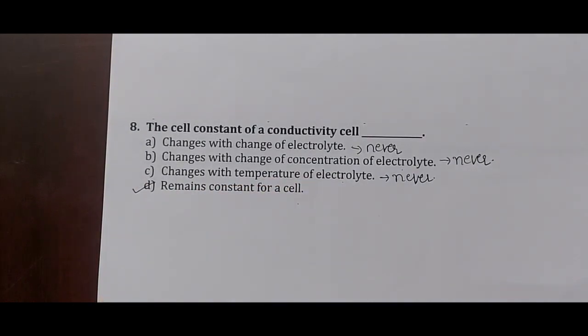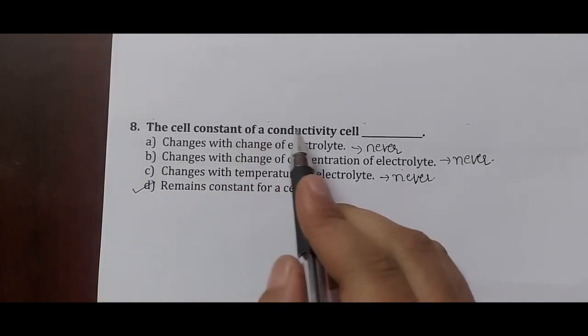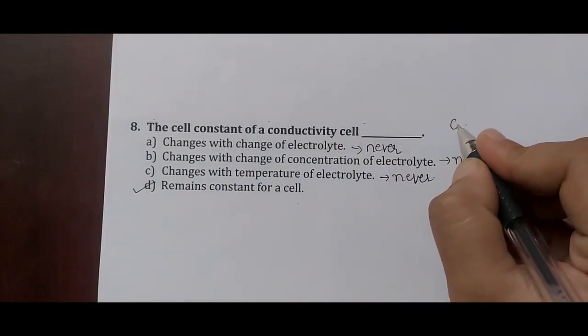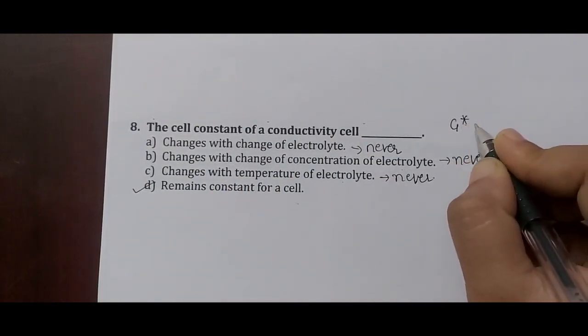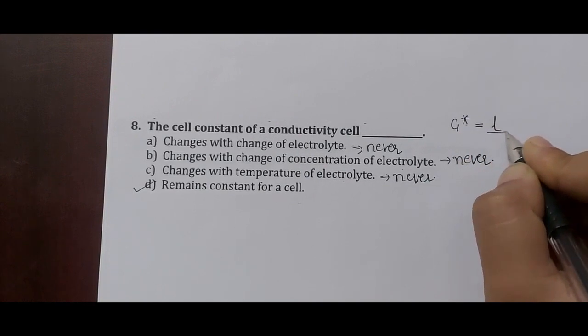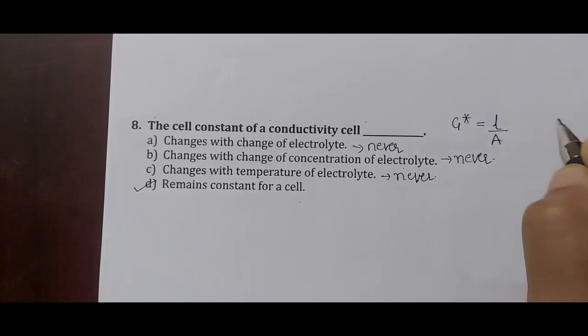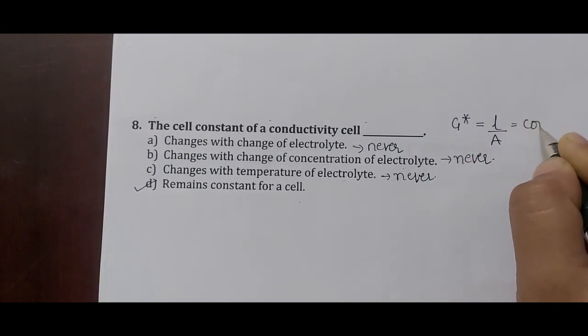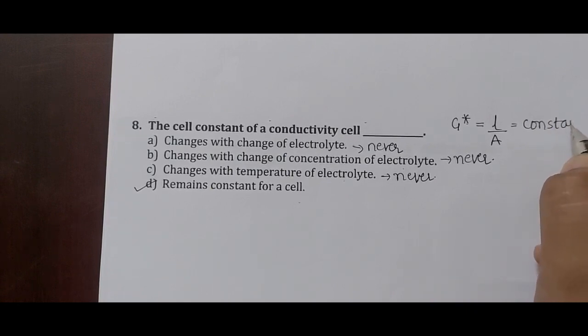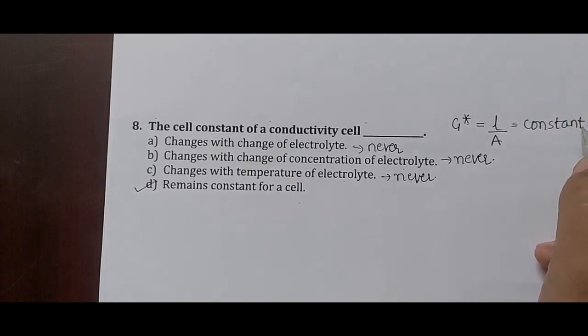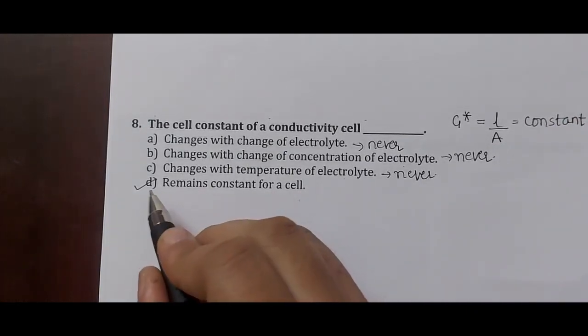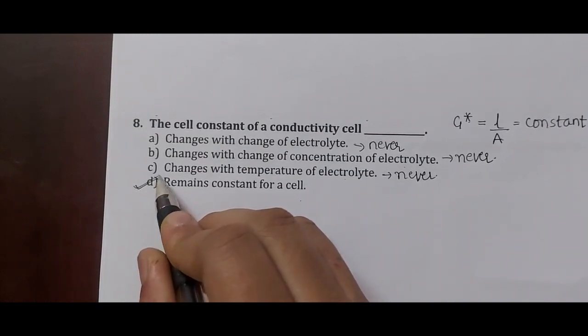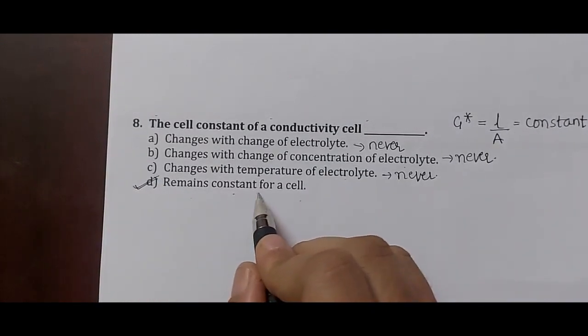Hence, we can say that the cell constant of a conductivity cell, which is represented as G star and given by the equation l by A, is always a constant for a particular conductivity cell. Hence, the correct option for question 8 is option D, remains constant for a cell.